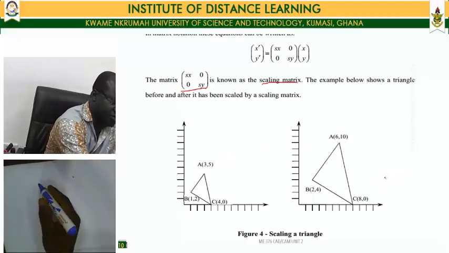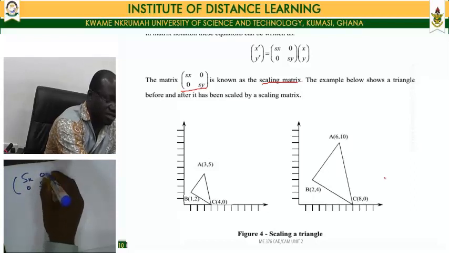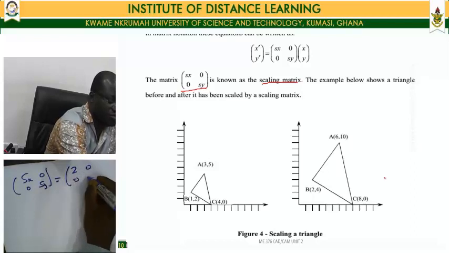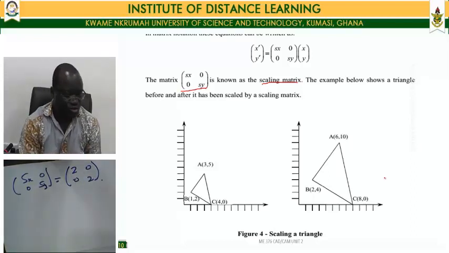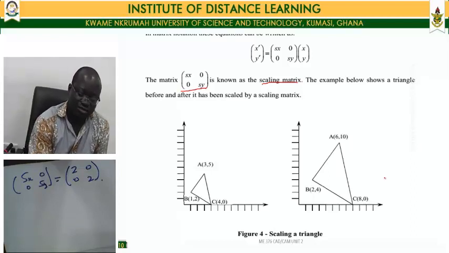So the scaling matrix, which is s_x, 0, 0, s_y, is simply a 2, 0, 0, 2 matrix. And this 2, 0, 0, 2 matrix was used to work on each of the points.